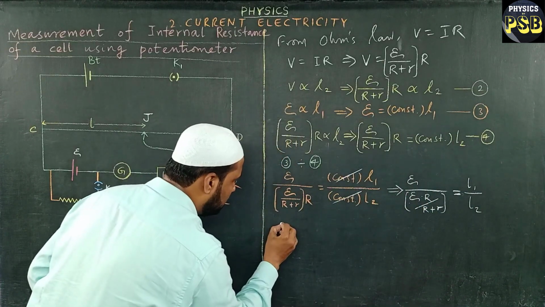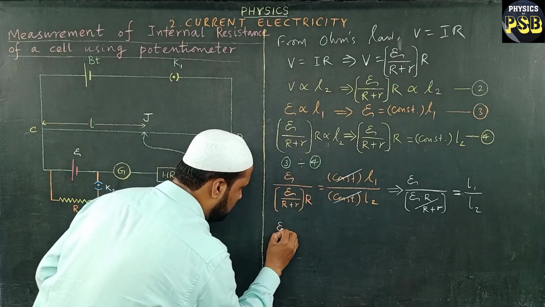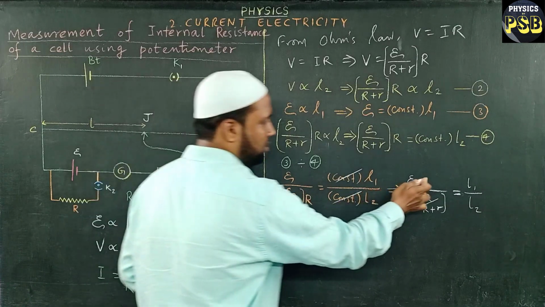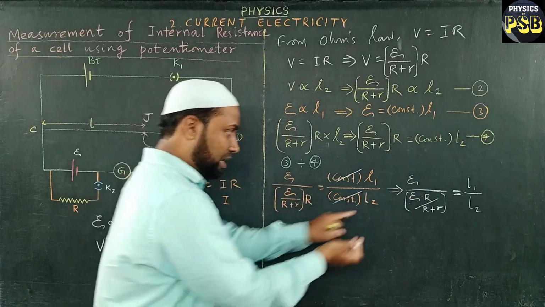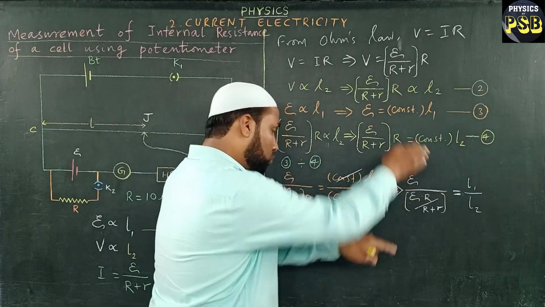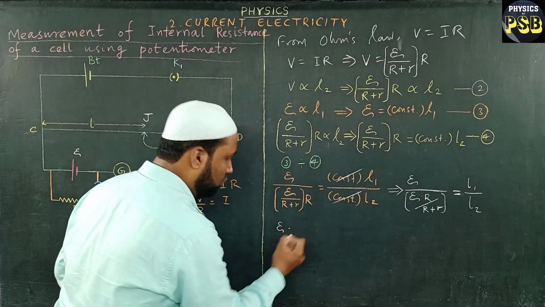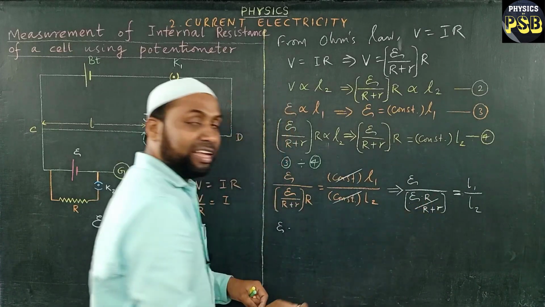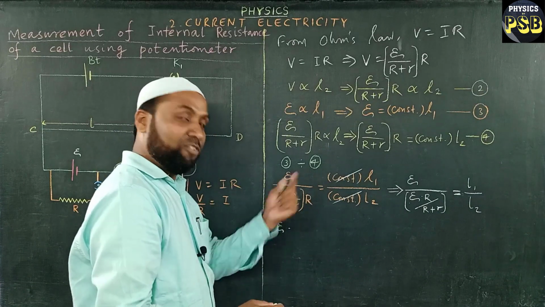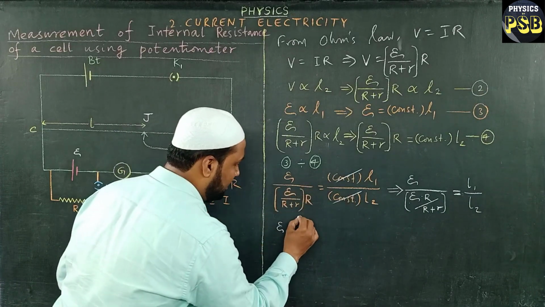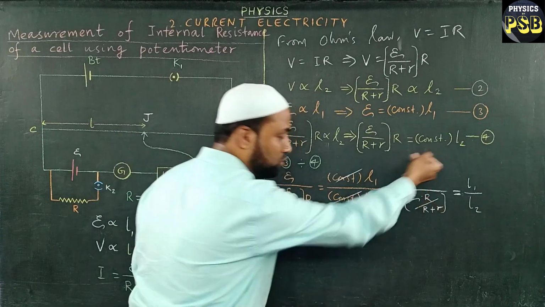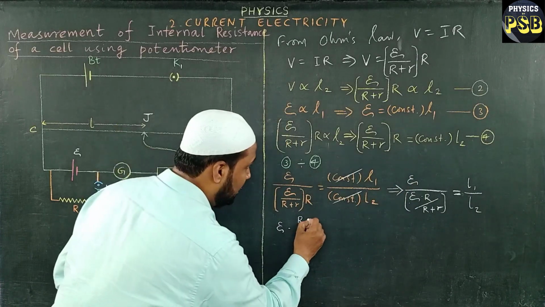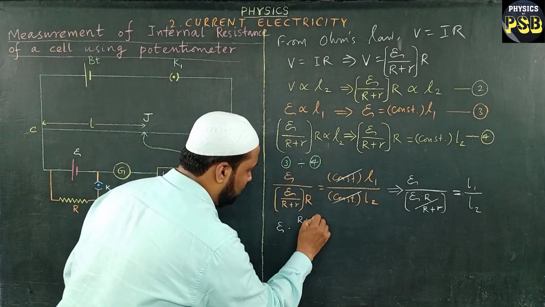Now, I do a slight modification to this. I keep this term present in the numerator as such. I bring the denominator to the numerator. If I do so, it will get inverted, so I will take the reciprocal. When this term comes to the numerator, it gets inverted.